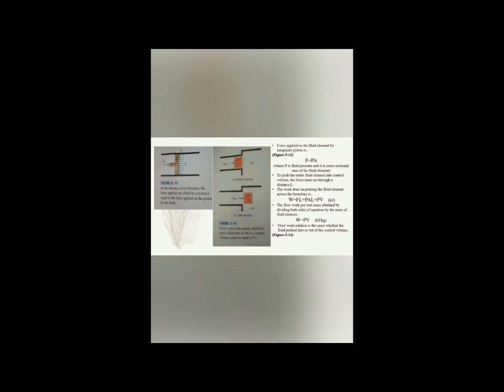The force applied on the fluid element by the imaginary piston is F equal to PA, where P is the fluid pressure and A is the cross-sectional area of the fluid element. You can refer to figure 5.13 to see the force applied on the piston by the fluid.